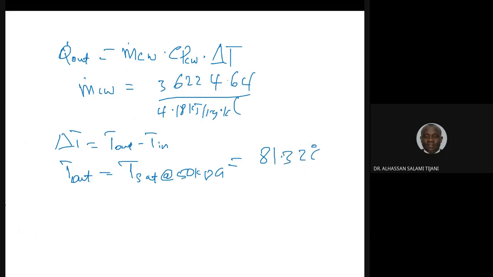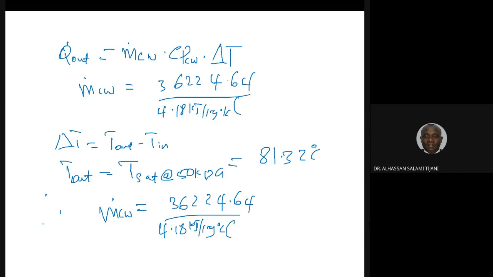81.32 degrees Celsius. So therefore, our mass flow rate for cooling water equals 36224.64, all divided by 4.18 kilojoules per kilogram per degree Celsius times 81.32 minus 28 degrees Celsius.